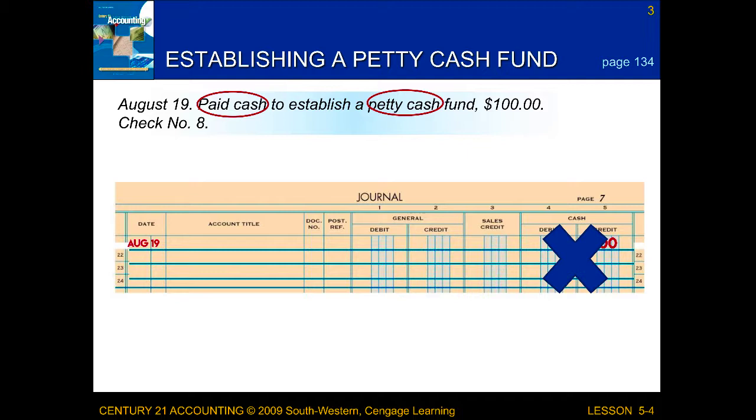There is no petty cash special amount column. So instead, I'm just going to write petty cash under account title. Since I have a credit already in cash, I need to put a debit into my general amount column. So I've got my debit there of $100. And then the last thing I need to do is put check 8 as my source document.